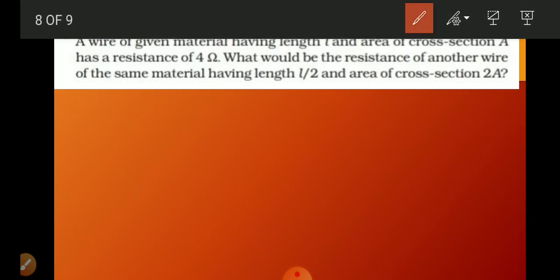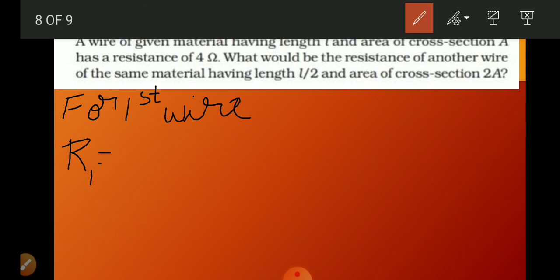See, look at the problem, how to do. First case, for the first wire, let us take the resistance as R1 is equal to rho into L divided by A. So this value is given as 4 ohm. Length L, area A for the first wire, and resistance R1 is given as 4 ohm.